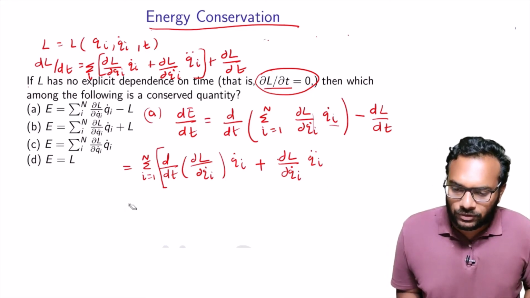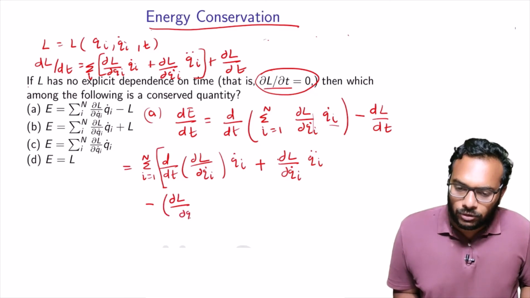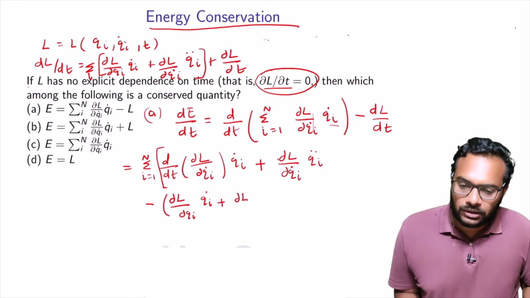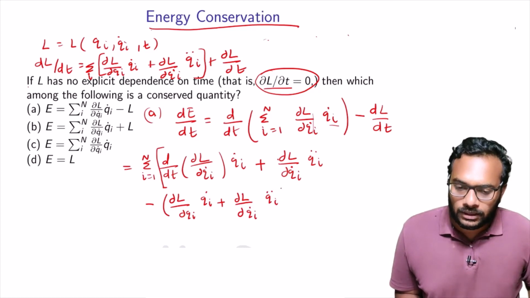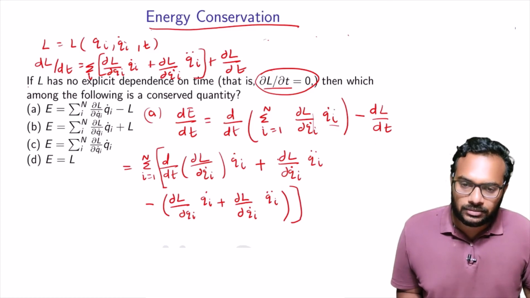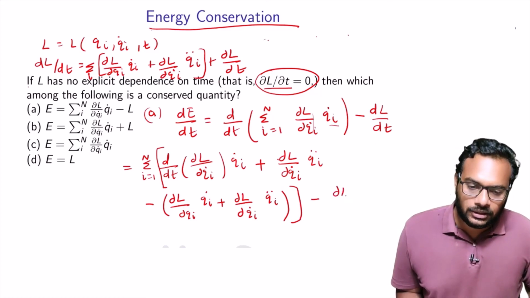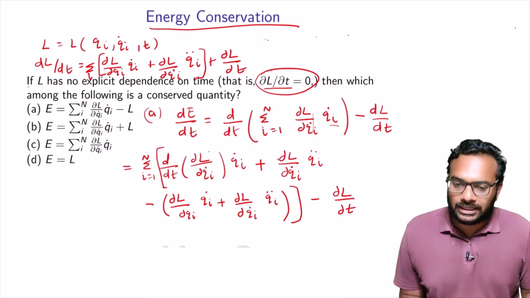So that's equal to minus, I'll give a bracket here, ∂L/∂qi times qi dot plus ∂L/∂qi dot times qi double dot, inside the summation, and since it's minus here, I'll write this outside: minus ∂L/∂t. So dE/dt in this case is this.